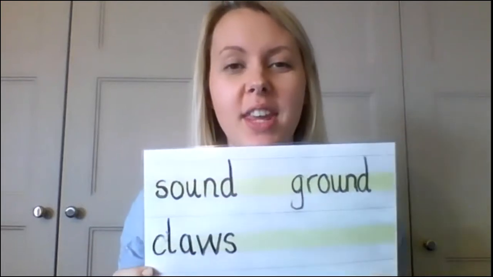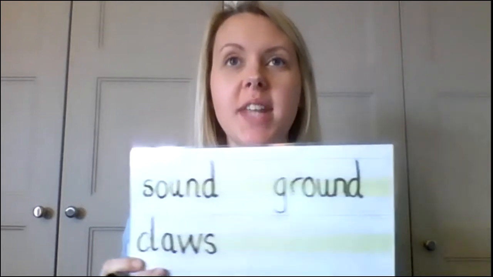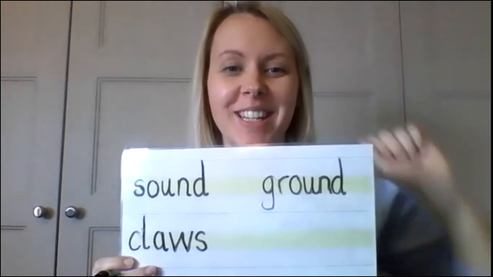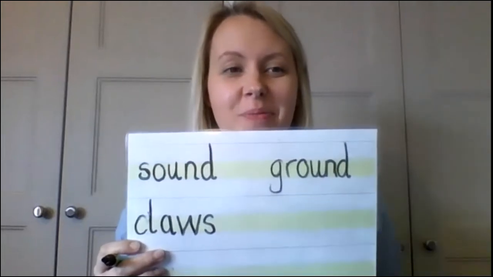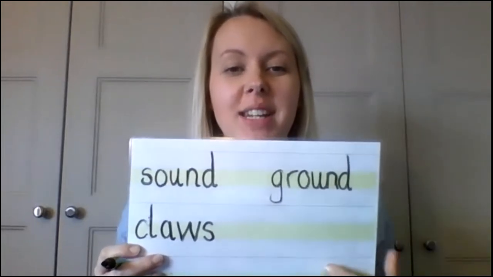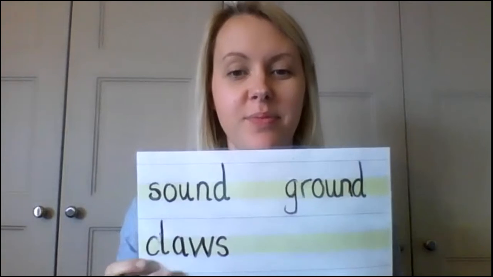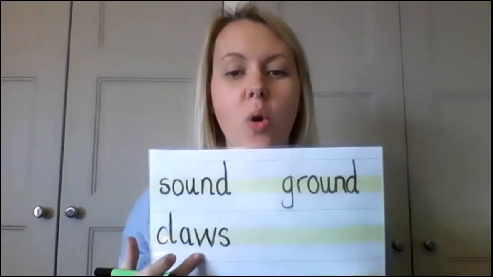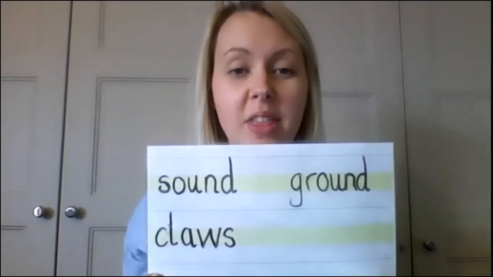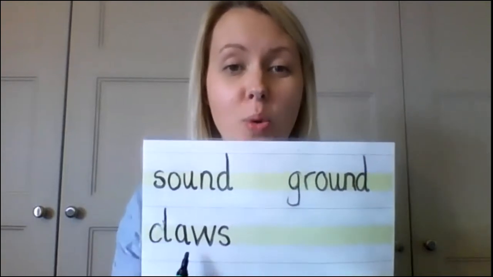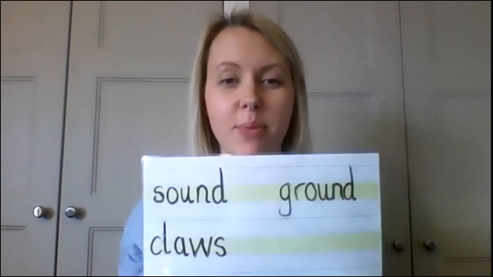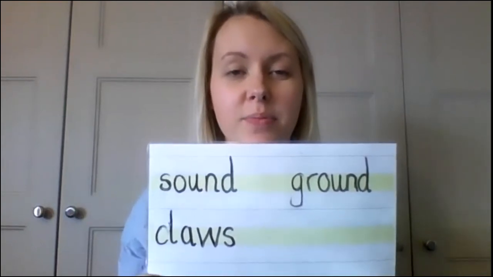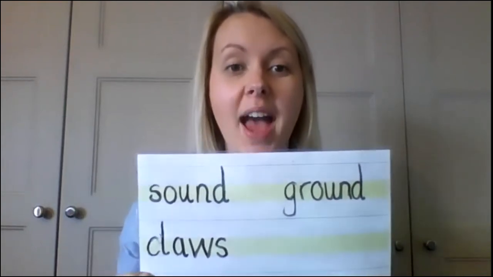I wonder if you can think of the rhyming word for claws and see if you can write it down. Match mine. I'll give you another clue. It's the same or sound as well, so it's quite an easy one for you to write today. Claws and or.